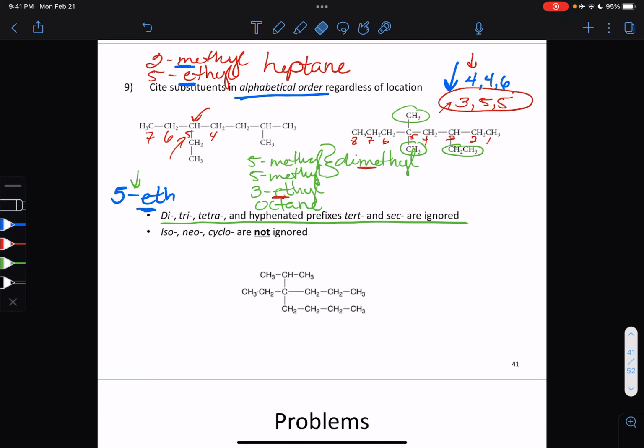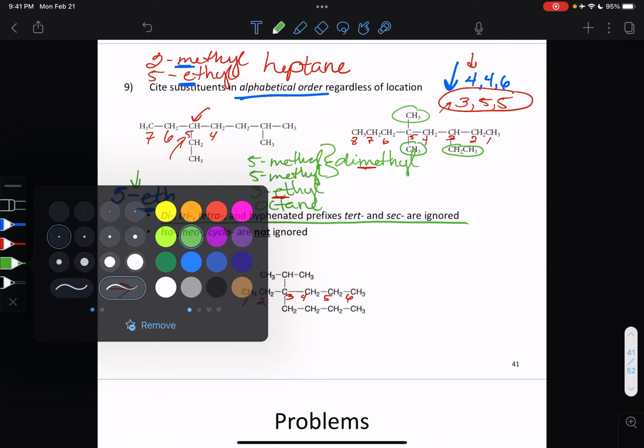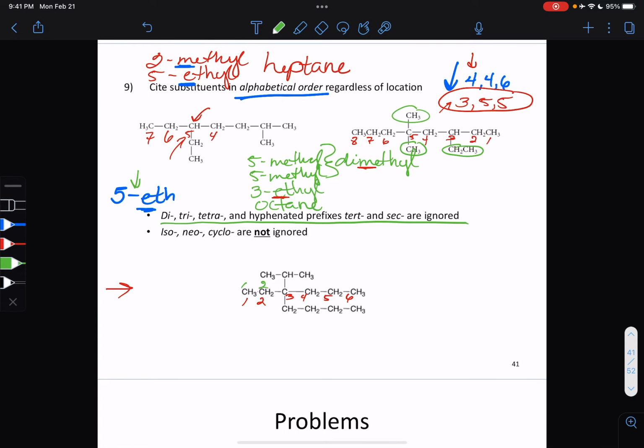All right, so we're going to do this molecule on the bottom here. Okay, now there's a million numbering possibilities here. So 1, 2, 3, 4, 5, 6. Or 1, 2, 3, 4, 5, 6, 7.